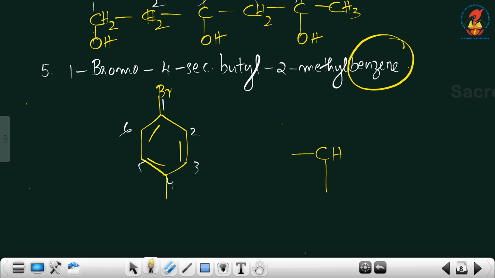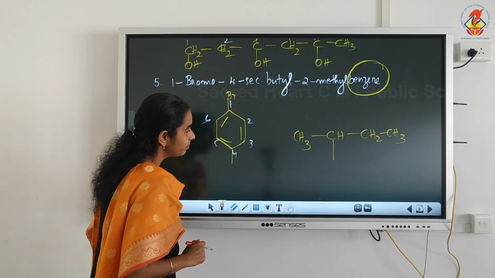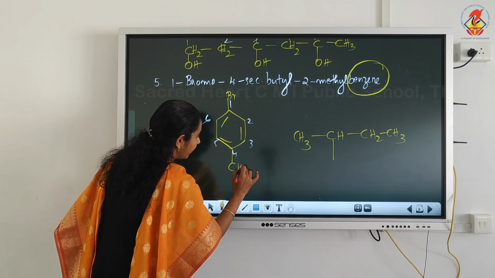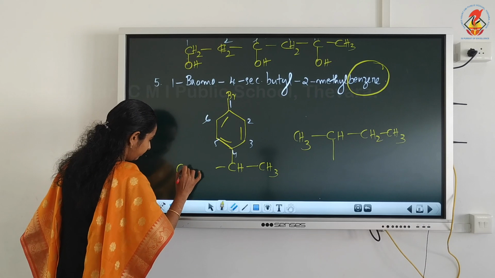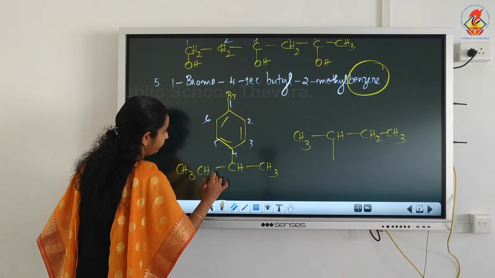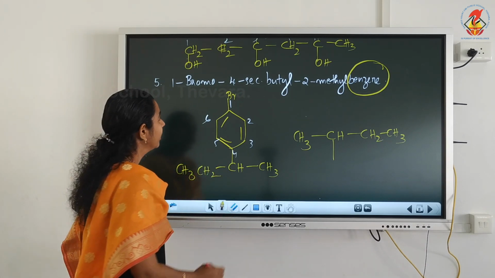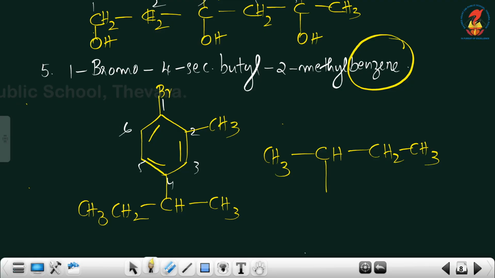CH with free valency. One side it is CH3 and the other side is CH2, CH3. So when you attach this to the benzene ring, CH should be here. For secondary butyl, 2-methyl. On the second carbon there is a methyl group.